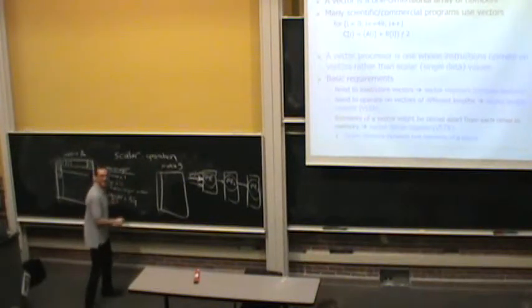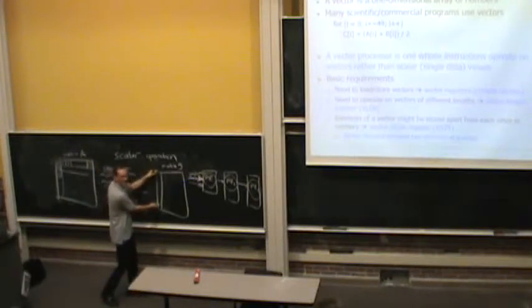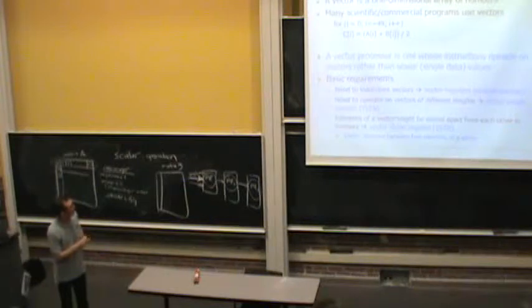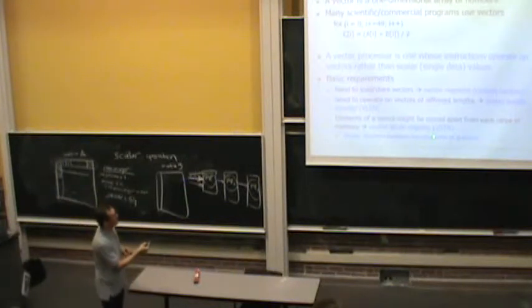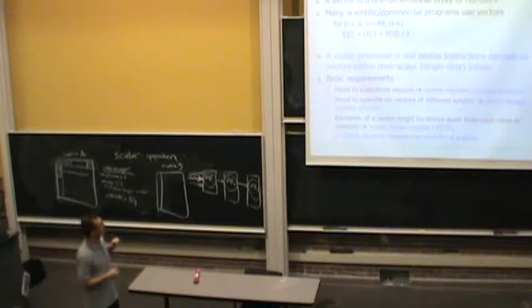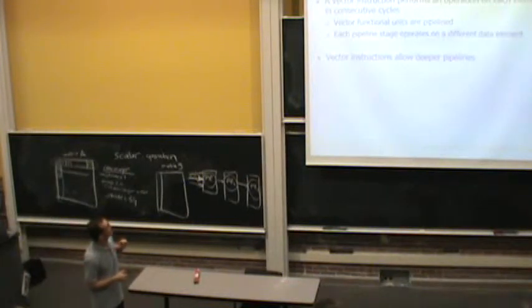Okay. So stride is the distance between two elements of a vector, and you would like to be able to change it. The programmer should be able to change that.